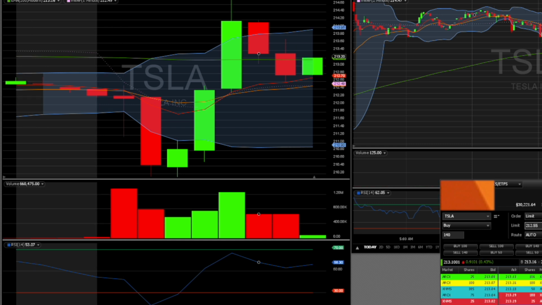So as you can see, I have an order at 212.55. It looks like it's holding VWAP, which is very nice.